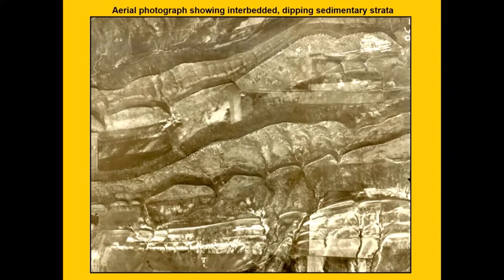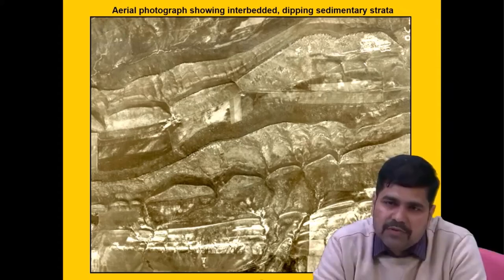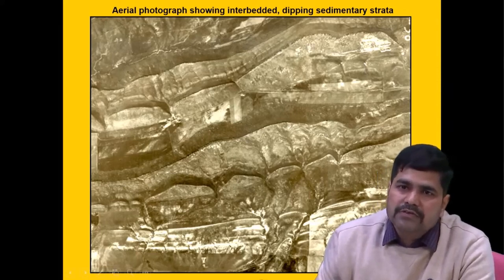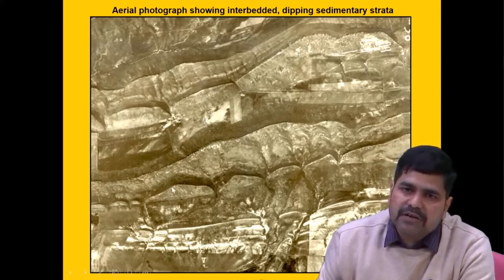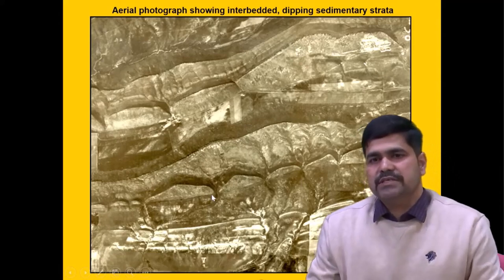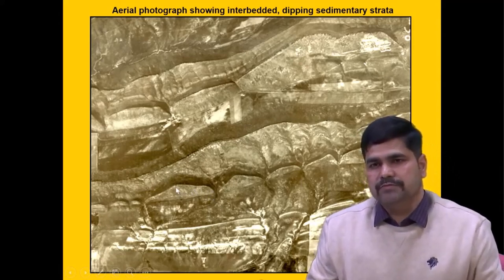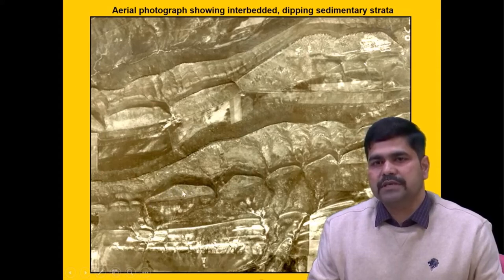This photograph represents interbedded dipping sedimentary strata. Sedimentary rocks are involved there, and you see they are dipping towards a particular direction. This particular structure we call a flat iron. Iron is simply an iron for pressing, so the aerial or planar view of an iron looks like this, a triangular facet.